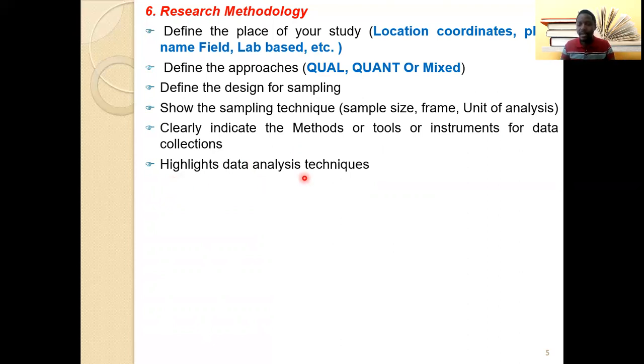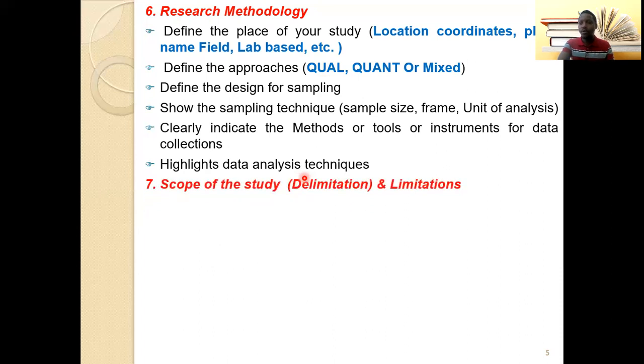Which statistical analytical technique are you going to use? How are you going to deal with your data in the analysis component? Please, you are required to give out all the statistical parts that you'll be performing related to your study, that is, the data analytical techniques.